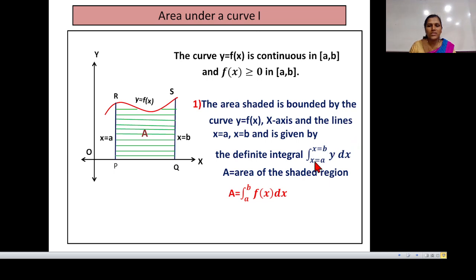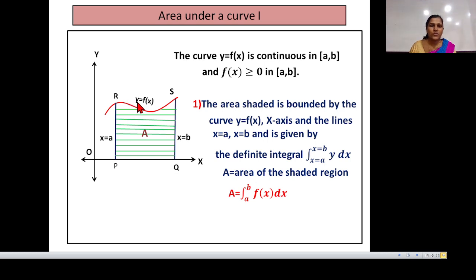So how to find this area? We have to integrate this curve between these two limits. Here our limits are x is equal to a and x is equal to b. So we will find this area A with the formula A is equal to integral from a to b of f of x dx.